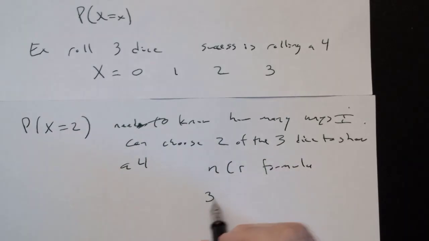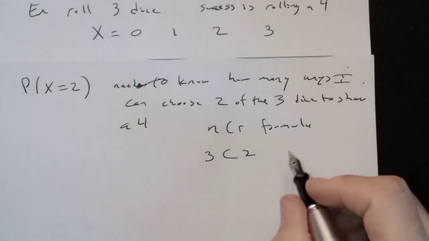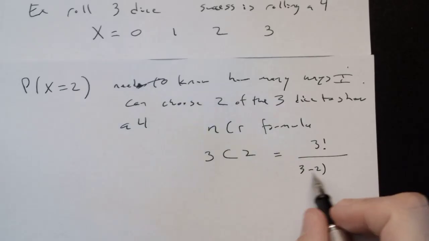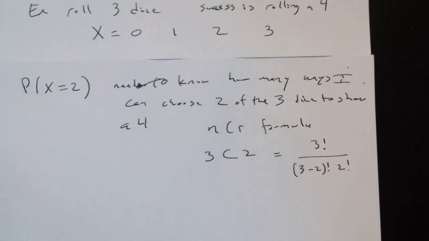In our case, it's 3C2. Out of our 3 dice, we are choosing 2 of them. And since I don't care about the order, I'm just reaching in and scooping up my 2 dice. There's the C in my hand. The formula for that is 3 factorial over 3 minus 2 factorial, 2 factorial.